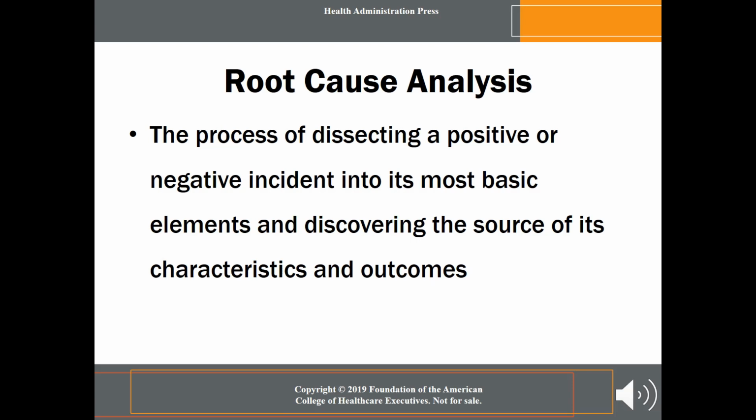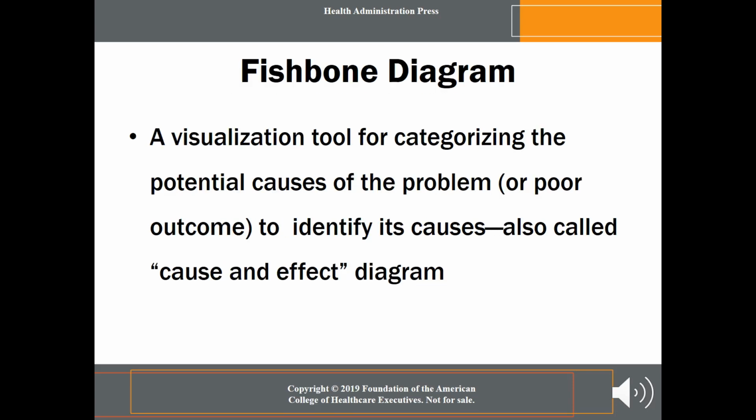An effective root cause analysis consists of data collection, investigation, determination, reporting of root causes, implementation of corrective actions, and monitoring for sustainability. Again, the fishbone diagram is a visualization tool for categorizing the potential causes of the problem.